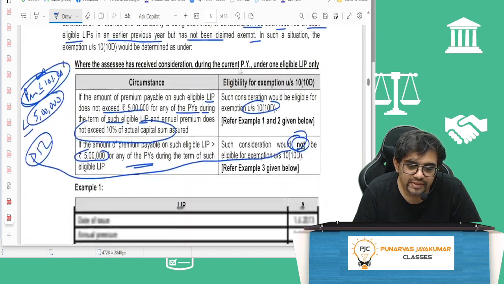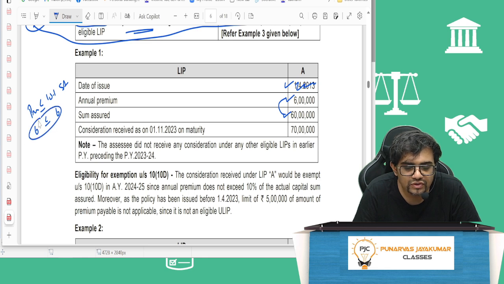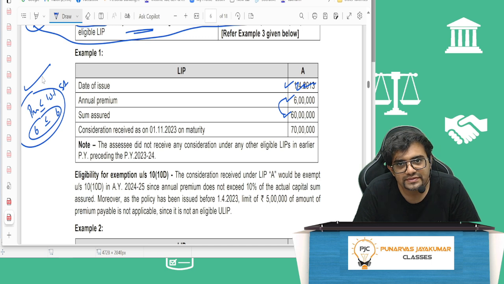In this example, you ignore the date of issue for a while. If you ignore the date of issue, have I breached? My first condition is what? Premium must be less than or equal to 10% of sum assured. Premium is 6 lakh, less than or equal to 10% of sum assured, which is 6 lakh. 6 lakh is equal to 6 lakh. So, is the condition fulfilled? Yes. Second condition, is the premium more than 5 lakh? Yes, it is.